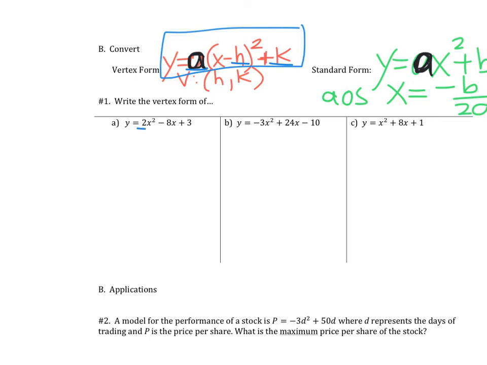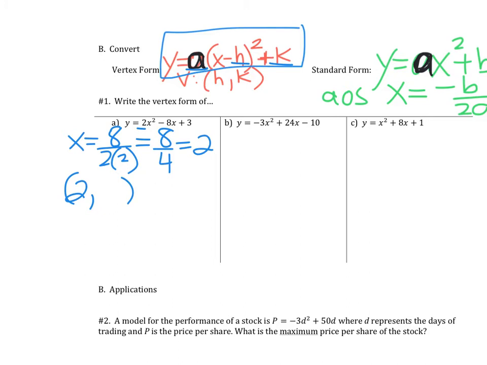So 1/3 of the way there. Now I need h and k. Well, h is found by doing the axis of symmetry. And the axis of symmetry is negative b over 2 times a. So 8 over 4, which is 2. That gives us the h value of the vertex.